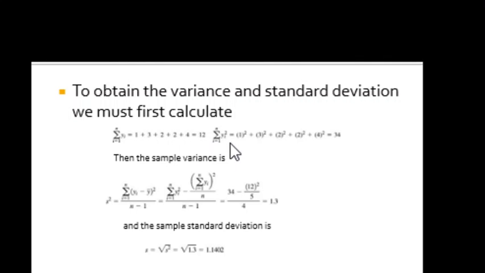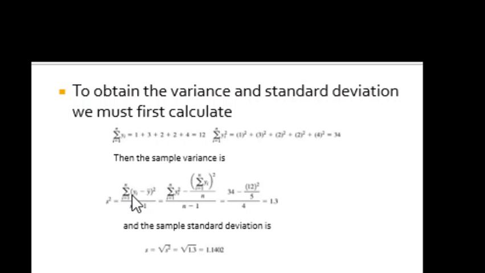And sigma yi squared means we square each observation and then find the sum, which is 34 in this case. So using this formula, sigma yi squared is 34, and then sigma yi whole squared, so you take the sum and then square it, divide by n. That's your numerator. And the denominator is n minus 1, which is 4 in this case. When you calculate this, it gives you 1.3.